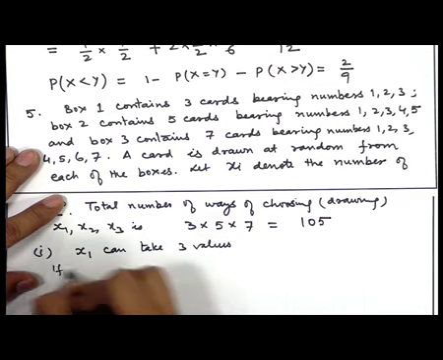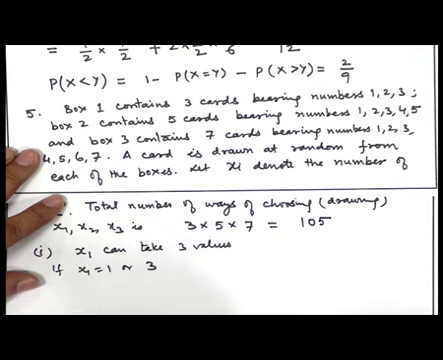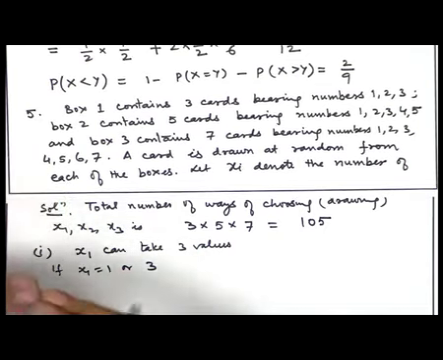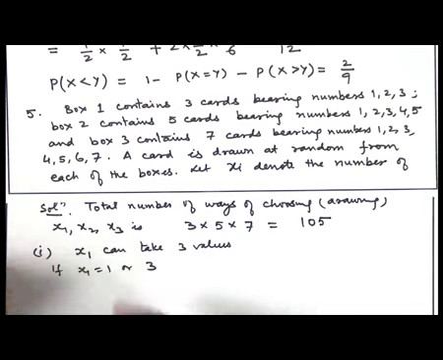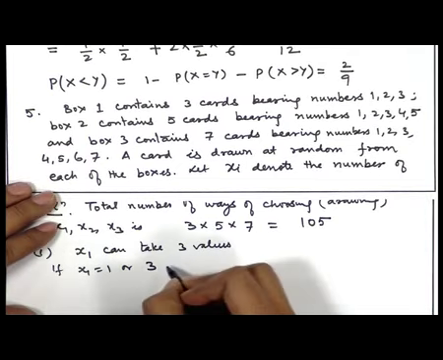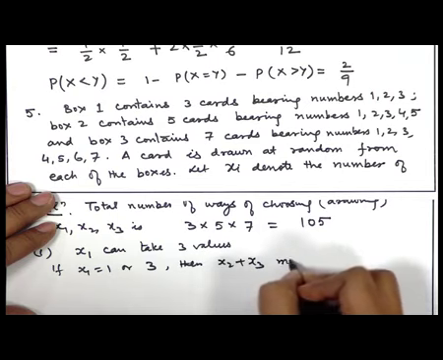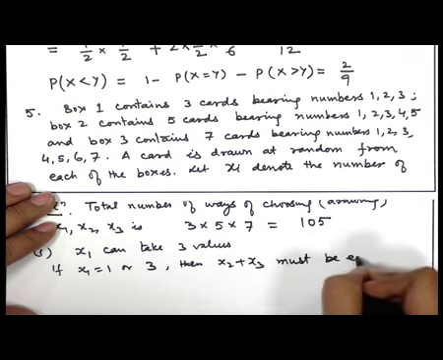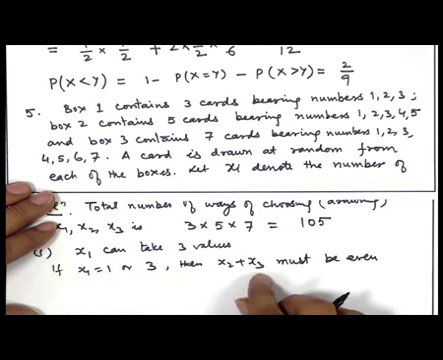So, if x1 is equal to 1 or 3, and then you want x2 plus x3, that should be even, because if x1 is odd, then if you add an even number, then you will get an odd number. So, then x2 plus x3 must be even. Similarly, if x1 is equal to 2, then x2 plus x3 must be odd.